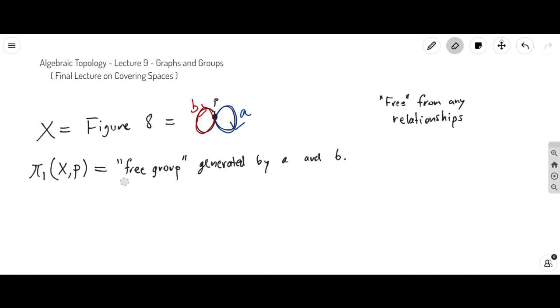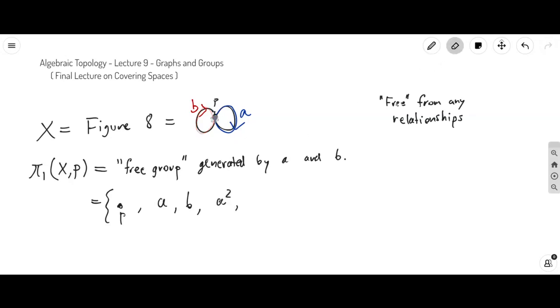But when you actually write it out in algebraic notation, what this would mean is you would have the identity. That would just be the constant path P. So that's the identity. That's the constant path that stays at P. You always have that in the group. Then you will have A, you will have B, and then you will have A squared.